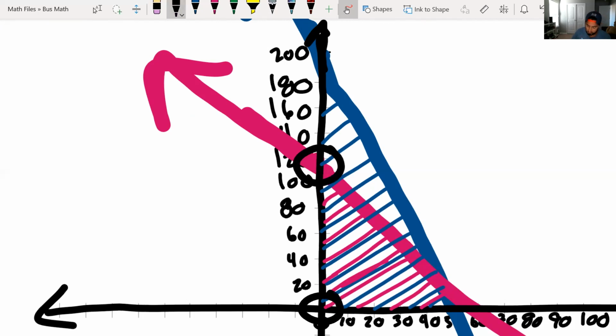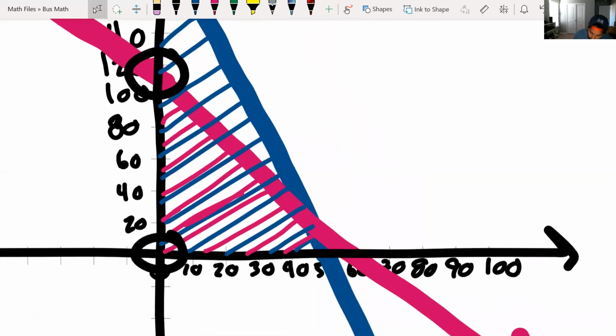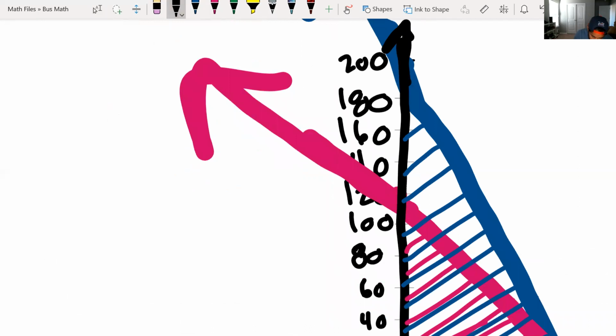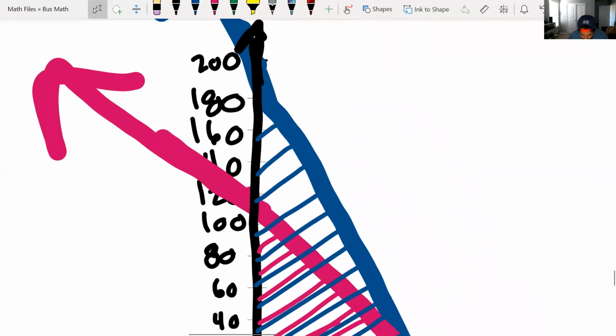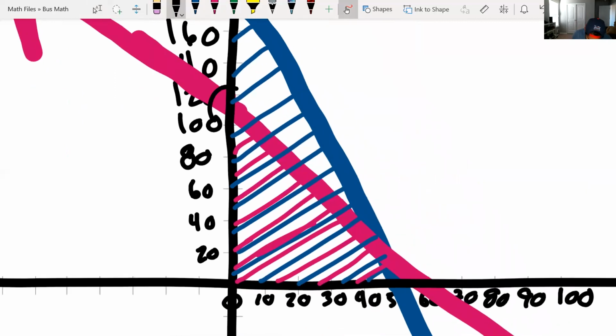Okay, shading's done. Let's find our intersection points, our corner points, and those happen to be right there, right here, there, and right where they intersect. Okay, so three are easy to see.